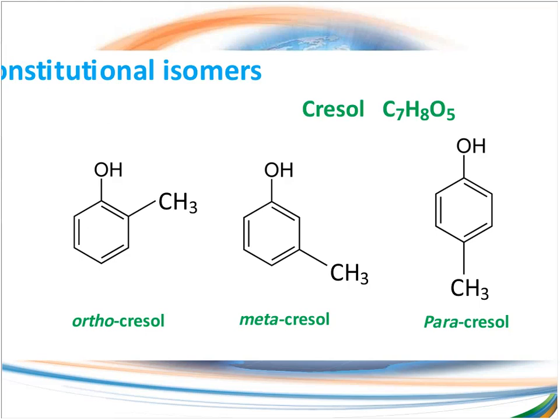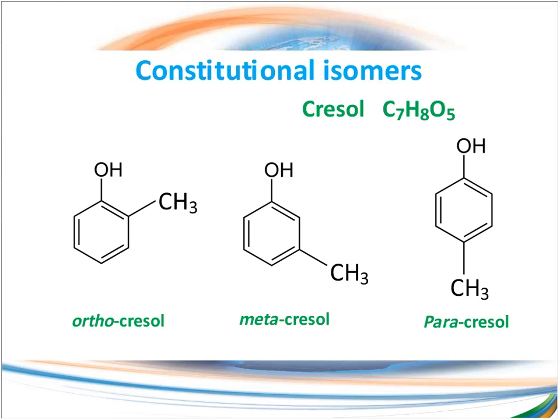So in the next slide, we just see constitutional isomers. There is first, on the left, the benzene ring with an OH hydroxyl group and a methyl group CH3. And these 2 groups are just attached to each other. OH is at the top carbon atom, and CH3 is just at the next carbon atom.